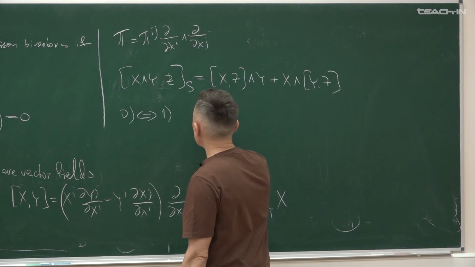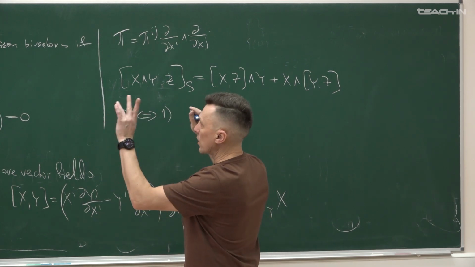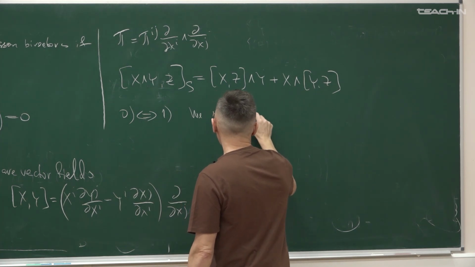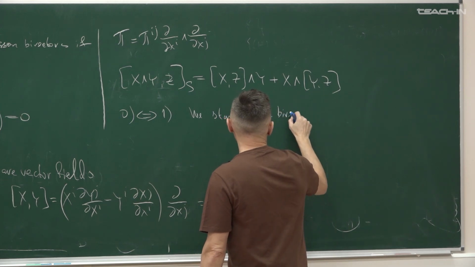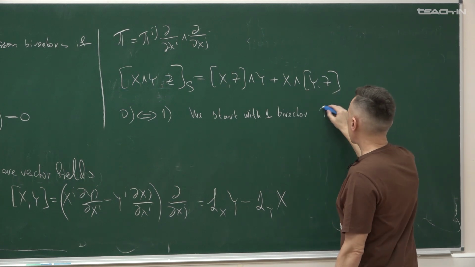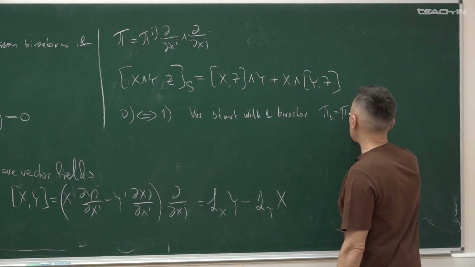And let us start with the situation with one bivector field. One bivector. So with the situation that P1 is equal to pi 0.